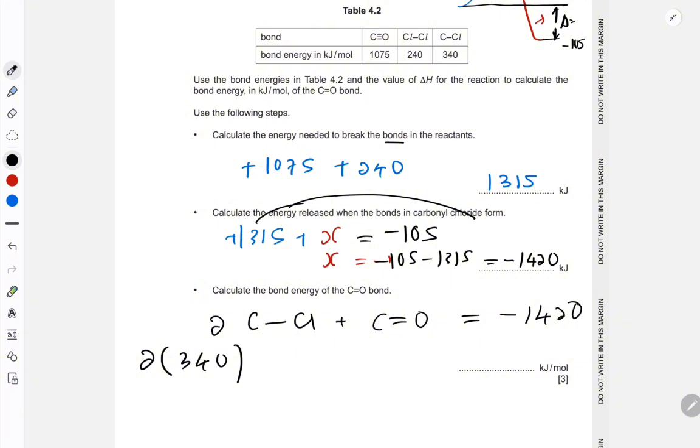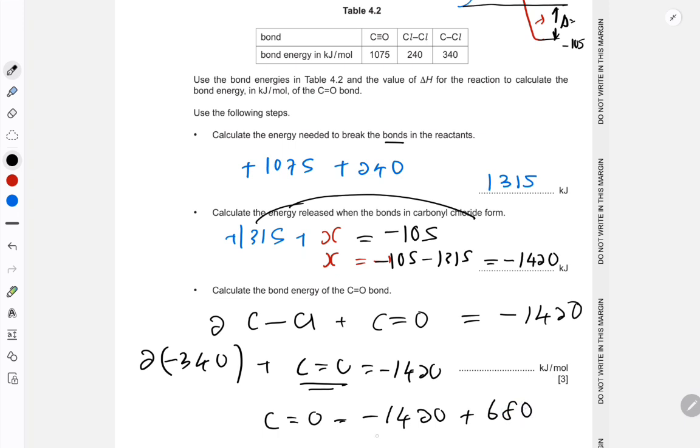And remember, it's negative because it's bond formation. So C double bond O is your subject now. It's negative 1420. I bring this to the right, it will be positive 680.